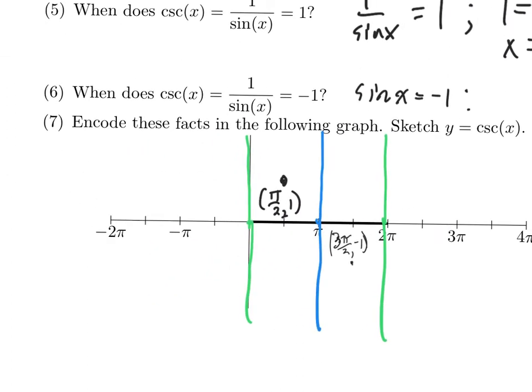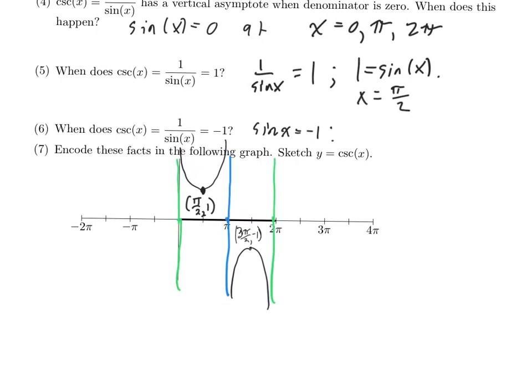All right, so 1 is the biggest value on the graph of sine, so 1 should be the smallest positive value on the graph of cosecant. So from here I just need to go back to get to the vertical asymptote, go forward to get to that vertical asymptote. Same thing here. And then that's the graph of cosecant over 1 full period. Now just repeat.